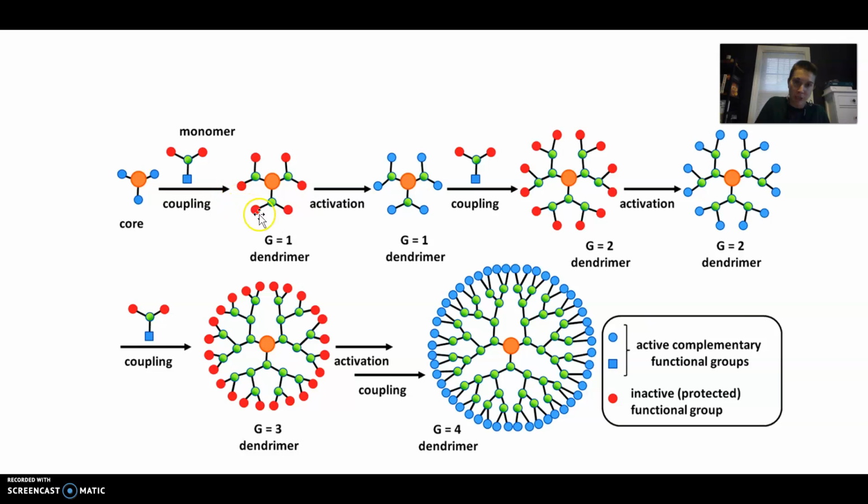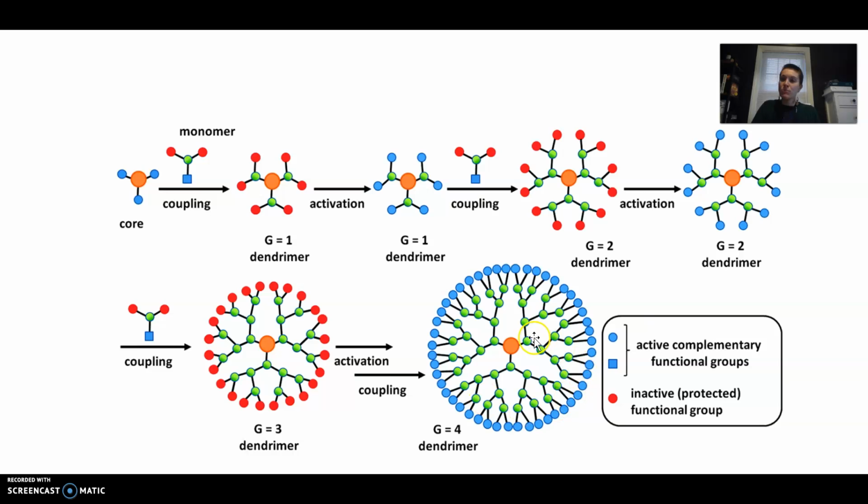That means in generation 1, we have 6 arms. You can probably see where this is going. In our next step, we went from 6 arms to 12 arms by once again adding this 2-arm monomer to each of our now 6 arms. That's generation 2. We have 12 arms here. In generation 3, you would get 24 arms as we add 2 arms to each of our now 12 peripheral groups, and so on and so forth.